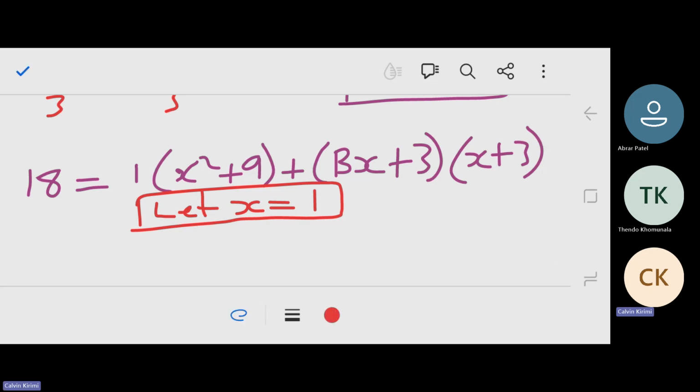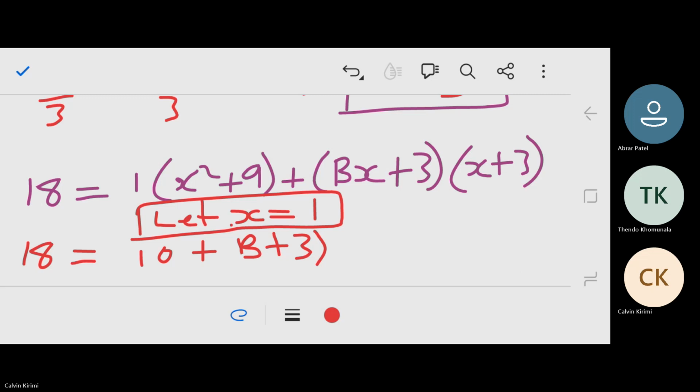what are we going to get? So we are going to say 18 is equal to 1 squared plus 9, which is 10, times 1 is 10, plus b times x, which is just b, plus 3 multiplied by x plus 1, which is 4.